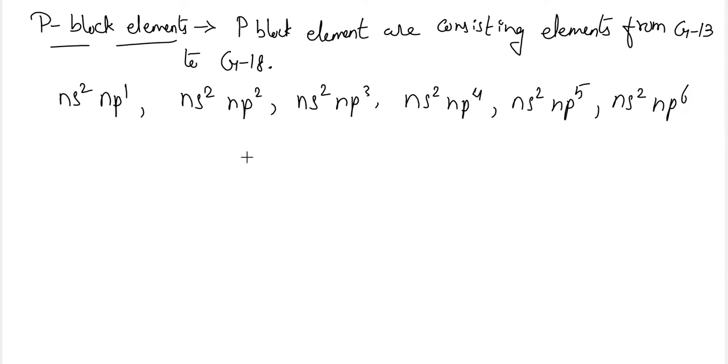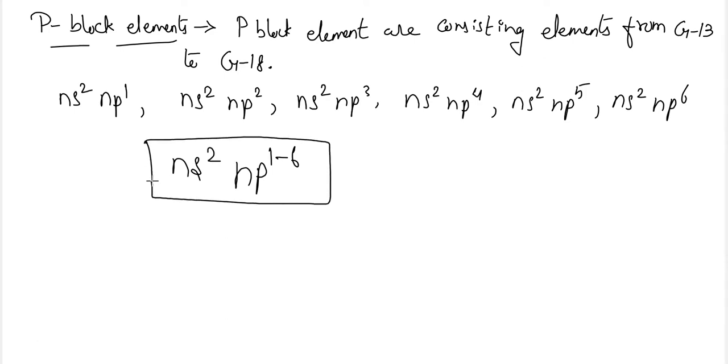These are the different general electronic configurations which we are seeing in the p block elements. Also, the general electronic configuration can be written for p block elements as ns2 np1 to 6. This is the general electronic configuration for your p block elements.